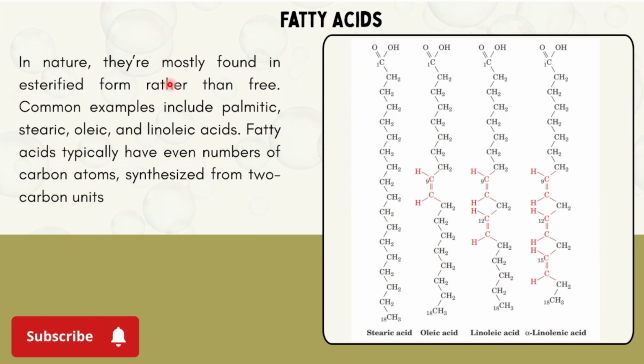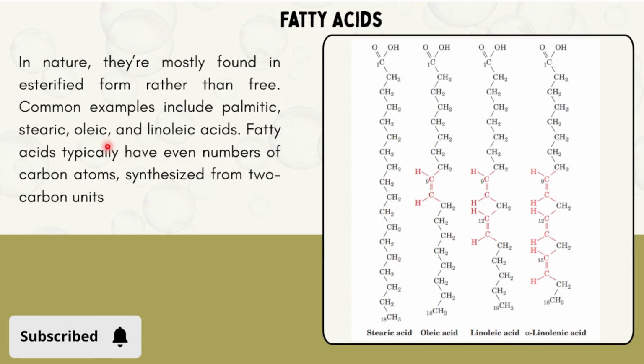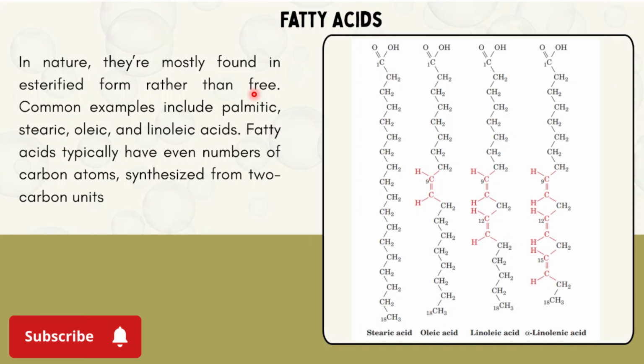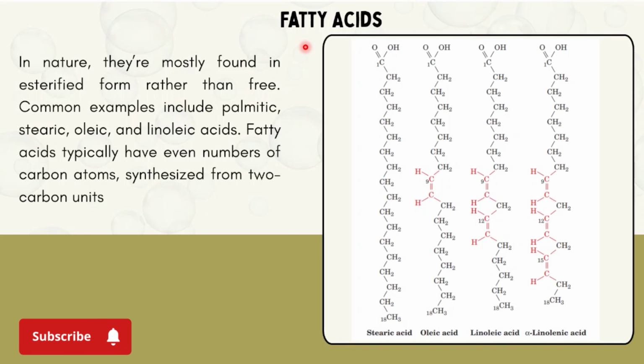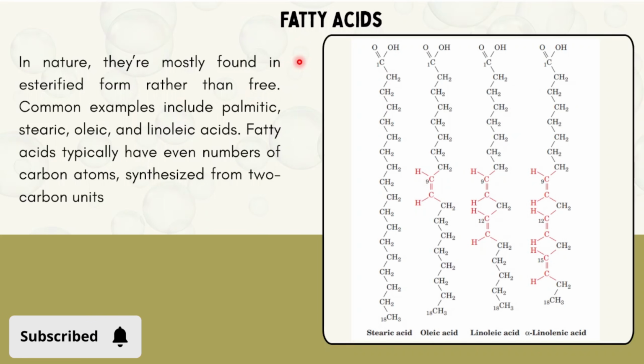Now, in nature, fatty acids are mostly found in esterified form rather than free. To be esterified means to be in combination with another moiety. So they could be in diacylglycerols, they could be part of triacylglycerols, they could be esterified to cholesterol and other moieties.